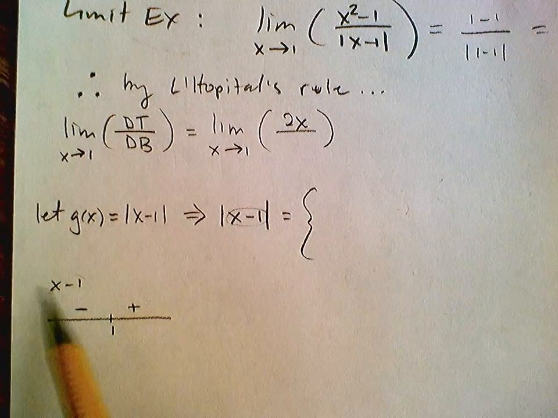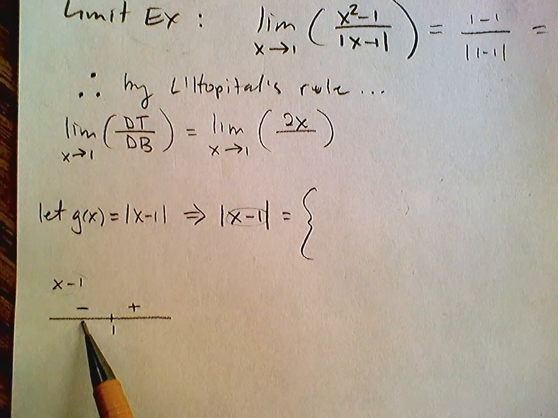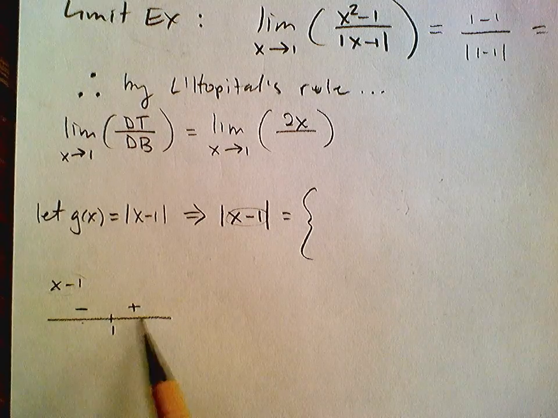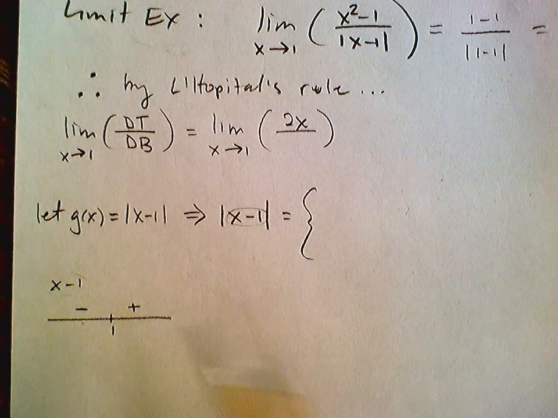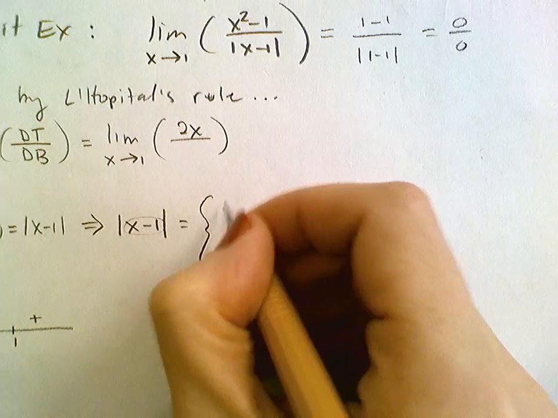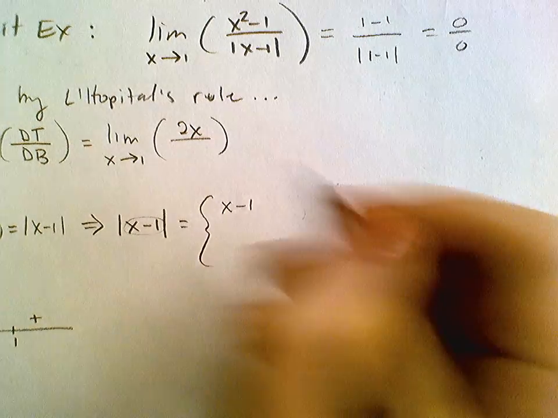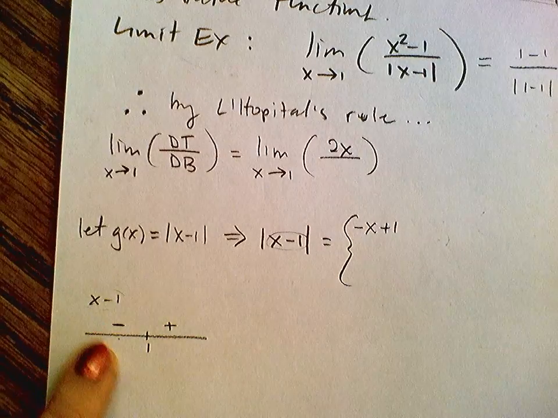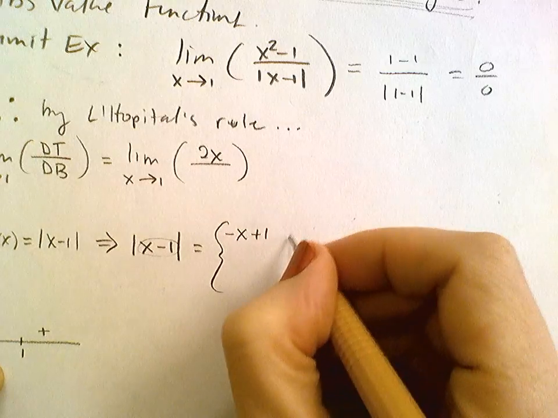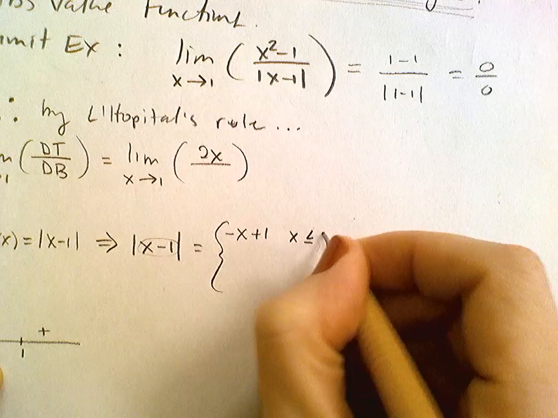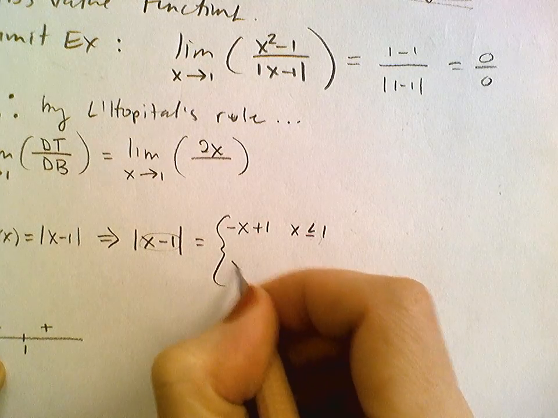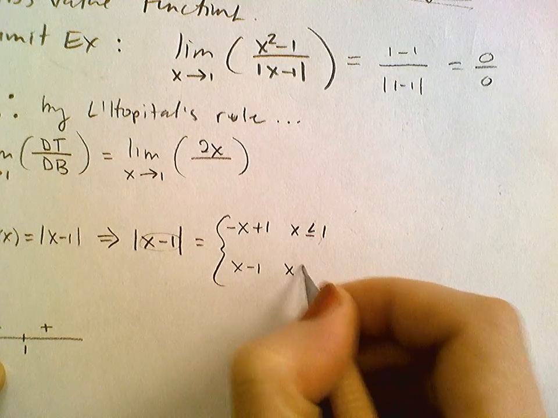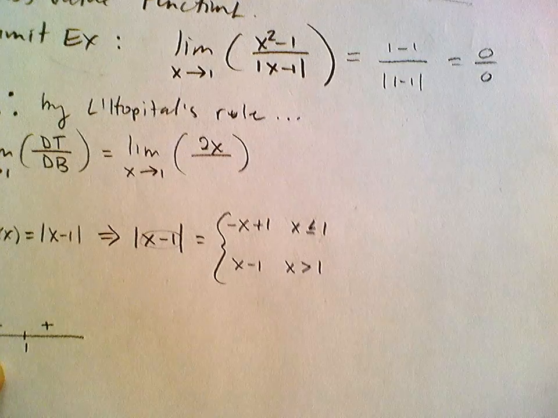So we have to negate this on the negative interval and keep it itself on the positive interval. So this is negative x plus 1, my bad, because I'm negating it on the negative interval for x less than or equal to 1, and it's x minus 1 for x greater than 1.